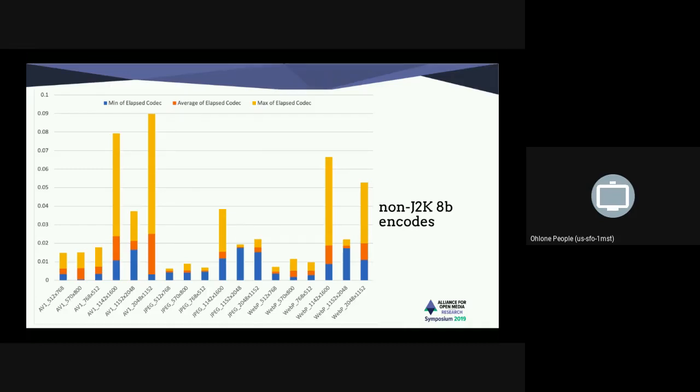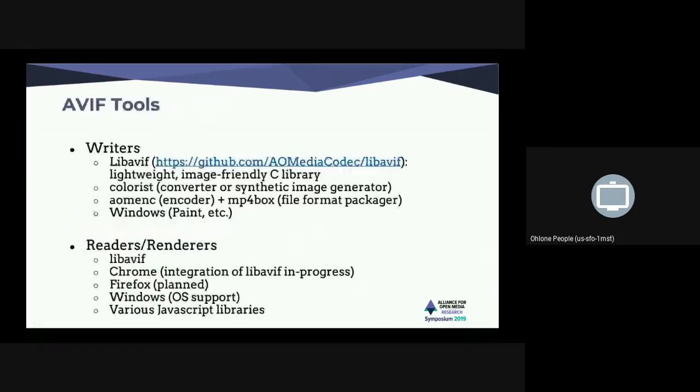Yeah. So I want to give some conclusions here. You may not be aware that there are already plenty of AVIF tools out there. You have writers, so libavif, this C library that was developed at Netflix with the purpose to be lightweight and image friendly for the image community.